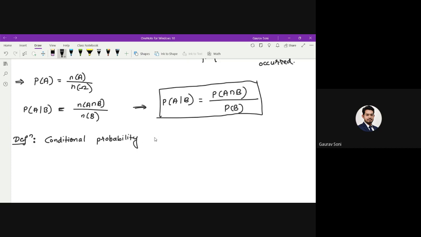Suppose A and B are two events defined on sigma.